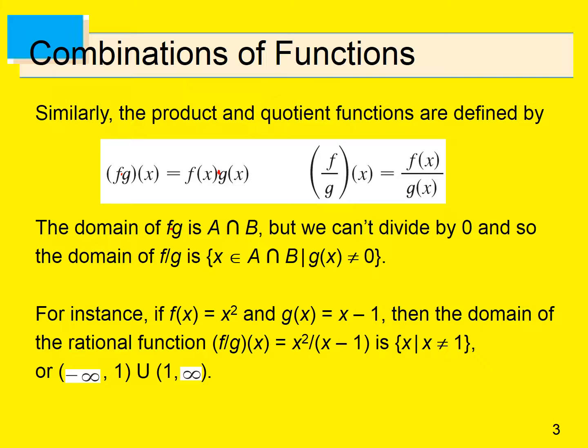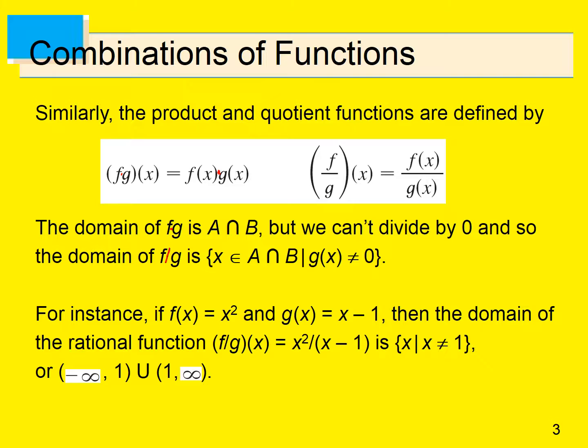But it's different for the quotient function. We can't divide by 0, and so the domain of the quotient function, f over g, f divided by g, is the set of all x that are elements of the intersection A and B, such that, and there's an extra thing, g of x is not equal to 0.